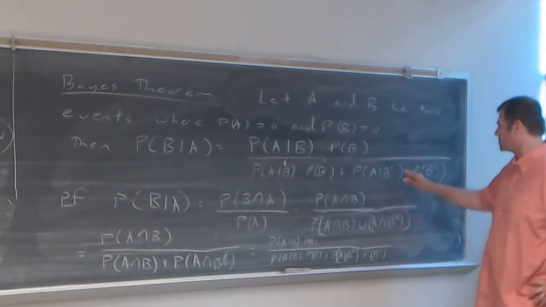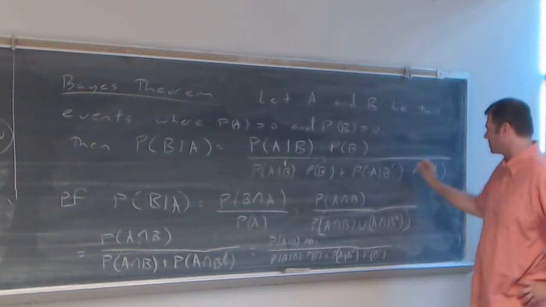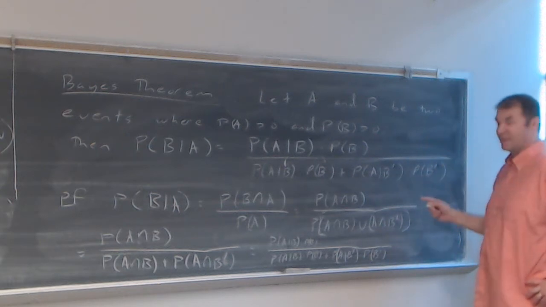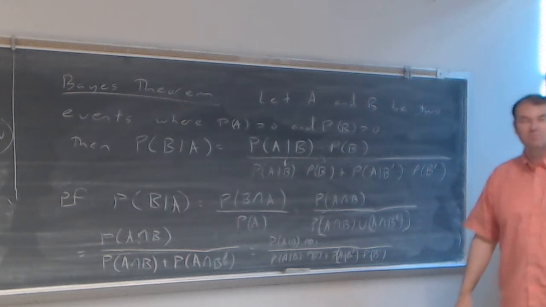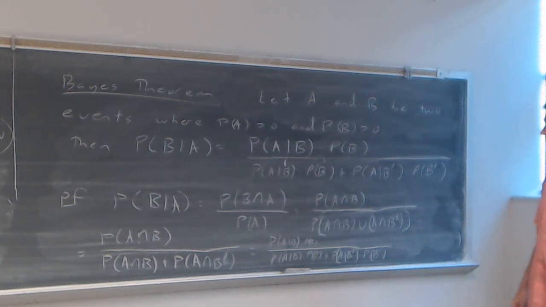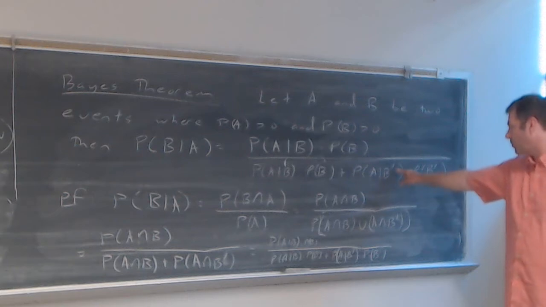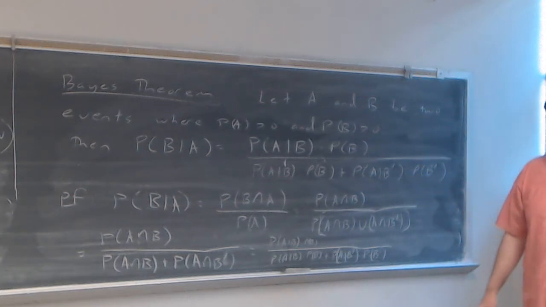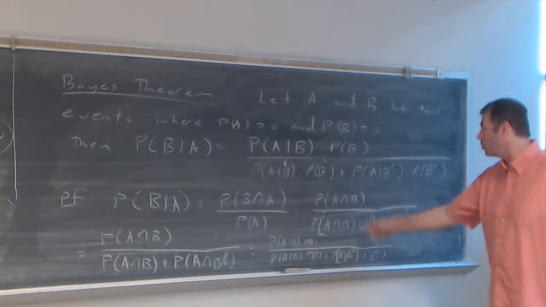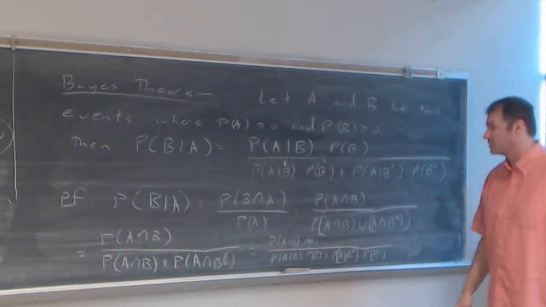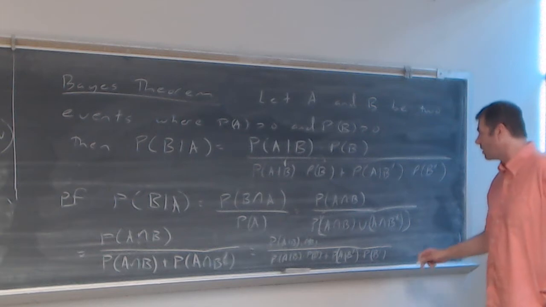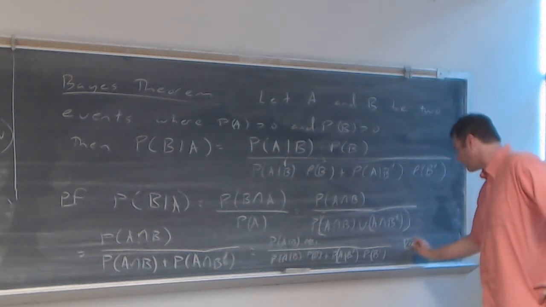And that's what we wanted to show. So I called it C here when I should have written B prime for B complement. Okay? Sometimes books and myself will denote B complement with B prime or B with a superscript C to represent the complement. Okay, so that is what I wanted to show. They match. I started with the left-hand side. And so that's the end of the proof.